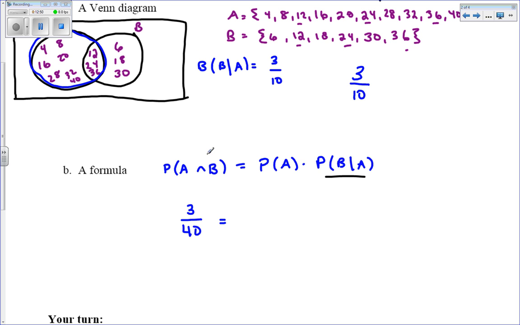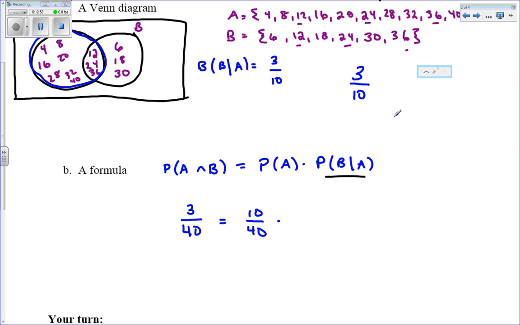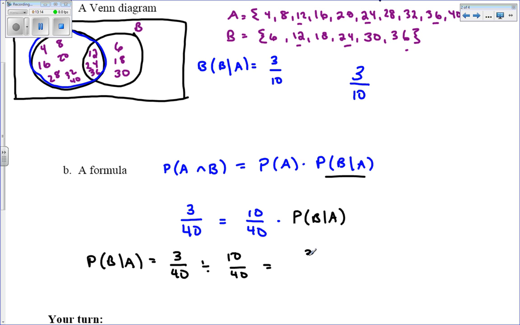The probability of A occurring is 10 out of 40, and then we're trying to find B given A. When we rearrange this, the probability of B given A is equal to 3 out of 40 divided by 10 out of 40, which is 3 out of 40 times 40 over 10. Cancel your 40s and you get 3 out of 10.